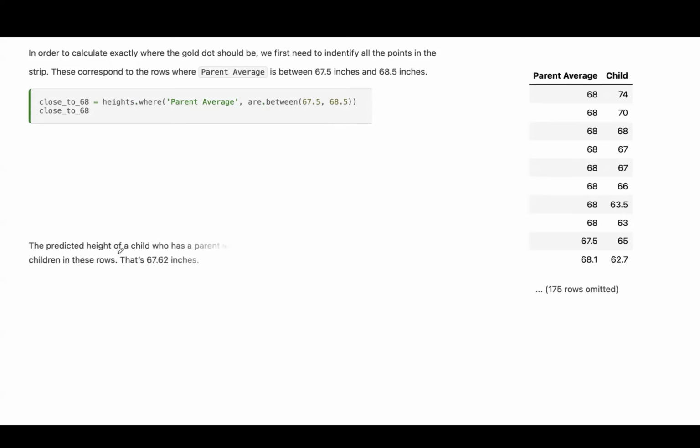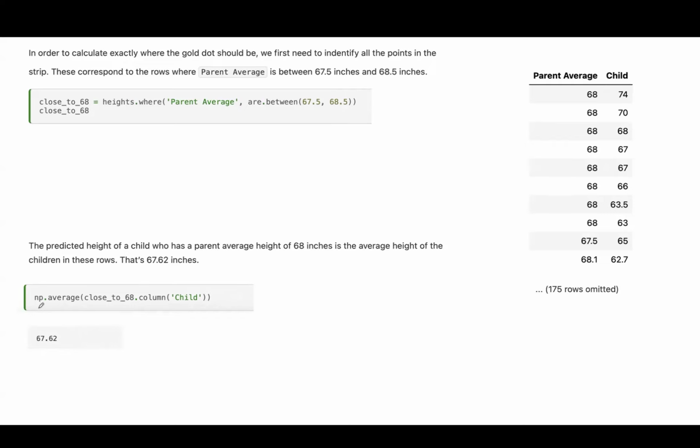The predicted height of a child who has a parent average height of 68 inches is the average height of the children in these rows. That's basically 67.62 inches. So if you look at the average, it gives you 67.62.